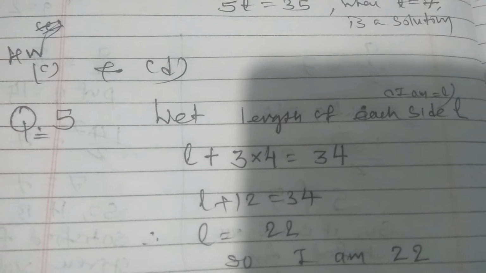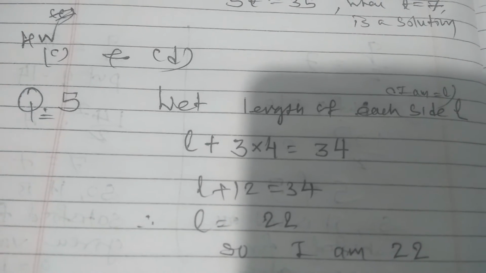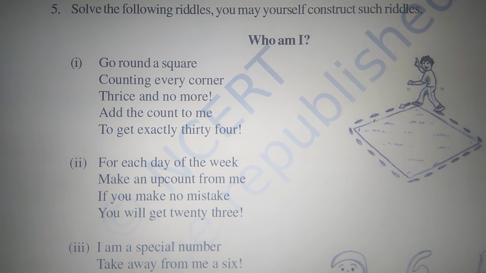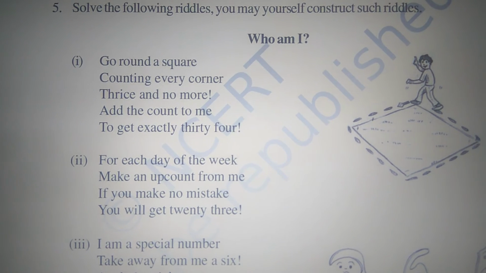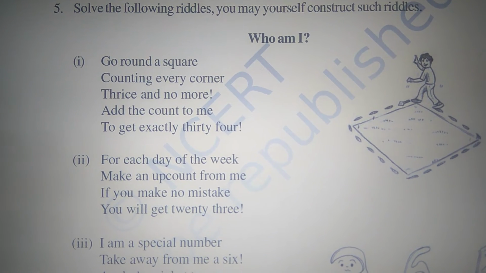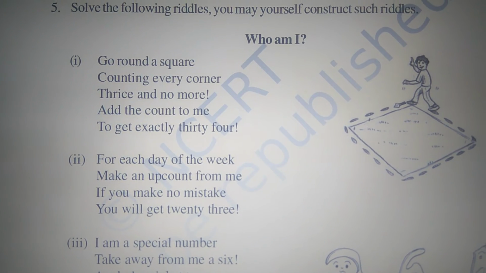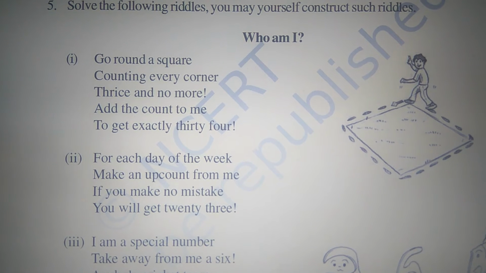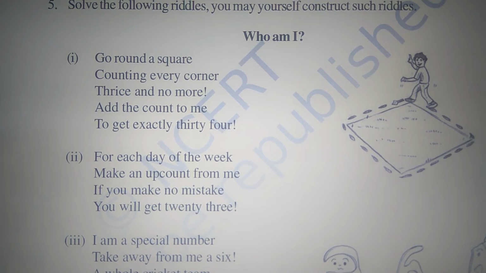Now question number 5. Dear students, question number 5 is solve the riddles. You may yourself construct such riddles. Who am I? First of all, go round a square, counting every corner thrice and no more.